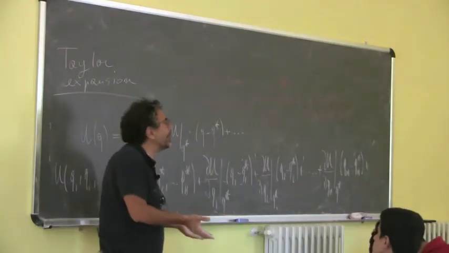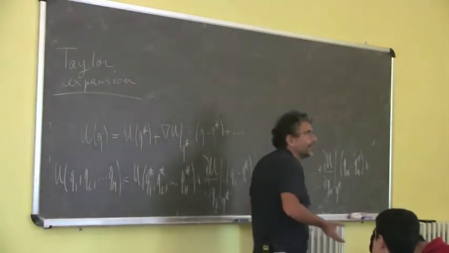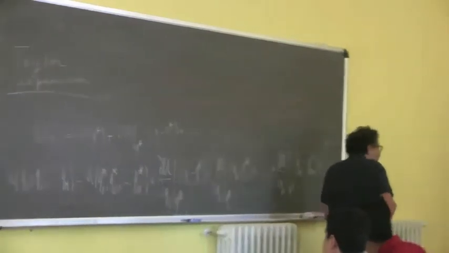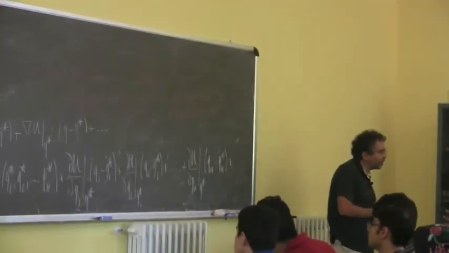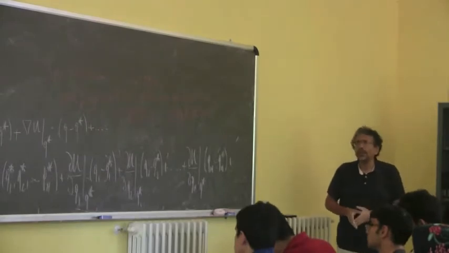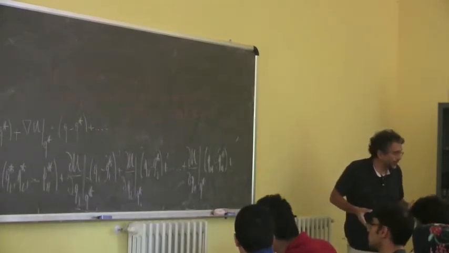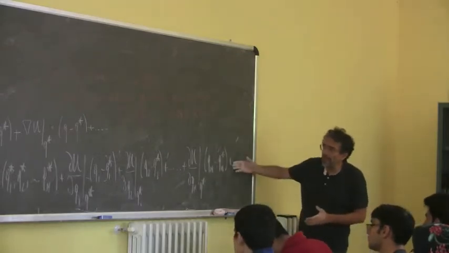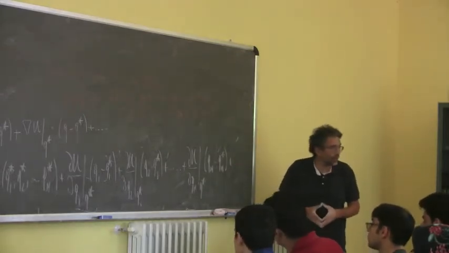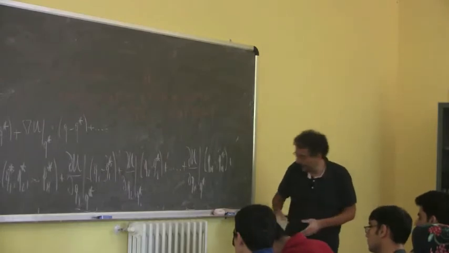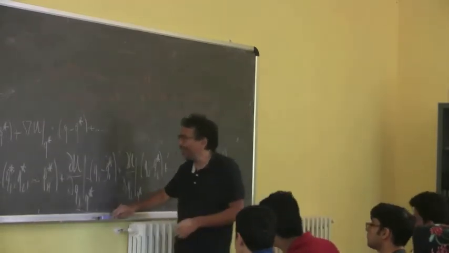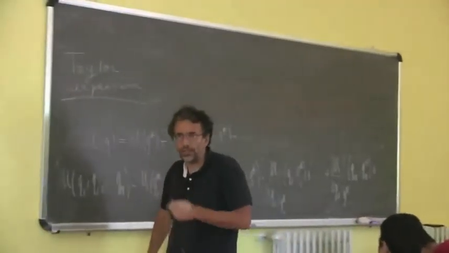This is the genius of Levi-Civita. The compact notation has been invented by Tullio Levi-Civita, who invented the way for handling these equations in a more compact way. Okay, now let's go back to Taylor expansion.